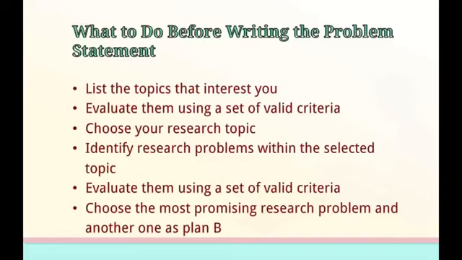Once you have applied that criteria and evaluated each topic, you choose the research topic that is most promising. And how do you know that it is promising? Because when you are evaluating the topic, you are going to assign a point to each criterion that topic satisfies.